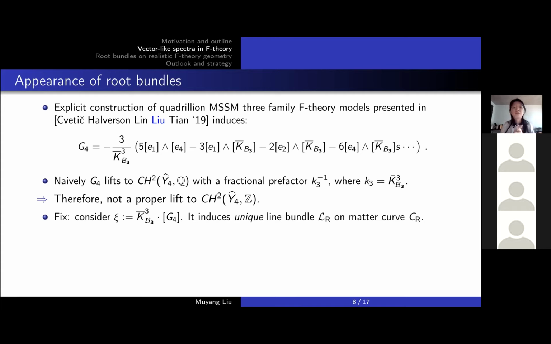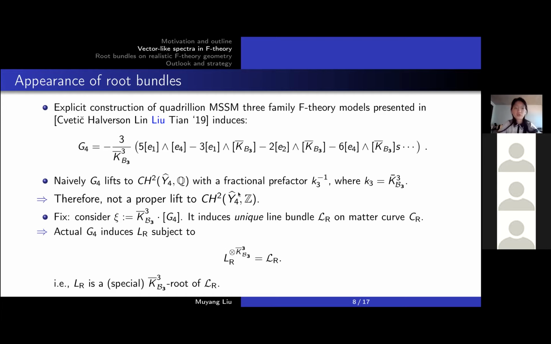So we try to fix this lift by considering K-bar cubed copies of the actual G4, and it induces a unique line bundle L_R over all the matter curves.